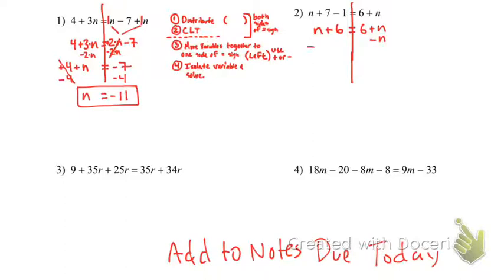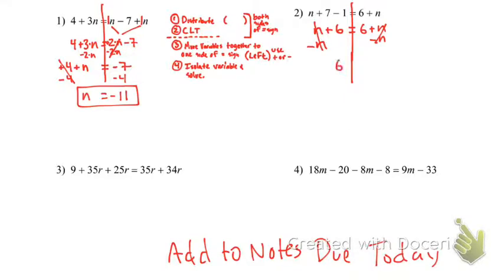And something happens a little funky here, and this can happen sometimes in equations. Positive 1n and negative n, if you do the math here, it's actually 0. Or in other words, these also cancel out.